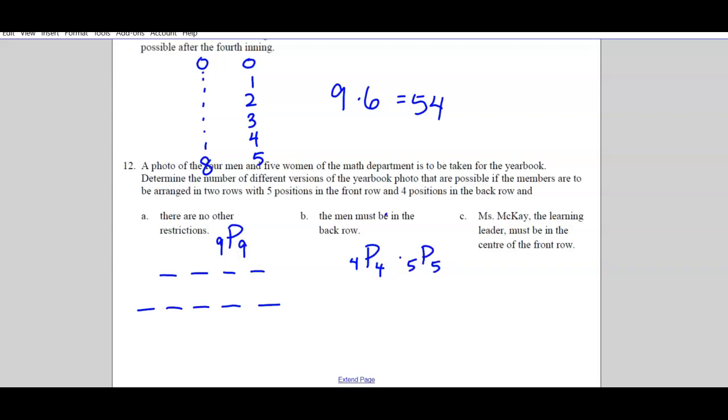So that's split up. Just happens that they might be behind. They could be in a row. Saying that, if they were in a row and the men must be together, then there's those options that they could be in between. But in the back row, that's one particular place. So this being the men, and this being the women.